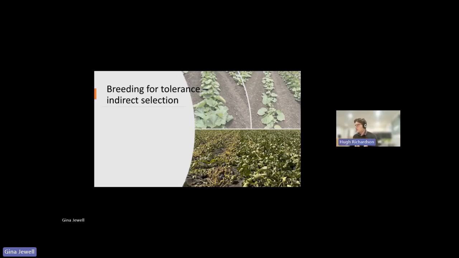So breeding for tolerance via indirect selection, you're usually looking at traits which can give you a bit more strength, a bit more power to maintain production, maintain growth, whilst infection is occurring. I think a good example of this is plant vigor. So thinking of wilt-causing organisms in many species of plants, it's often a numbers game, that the more you have the organism within the vascular system, the more wilt that's caused.